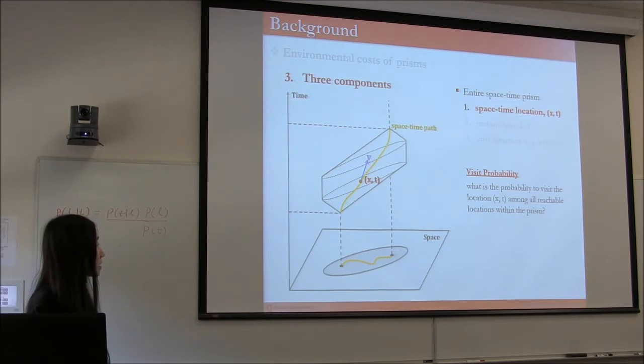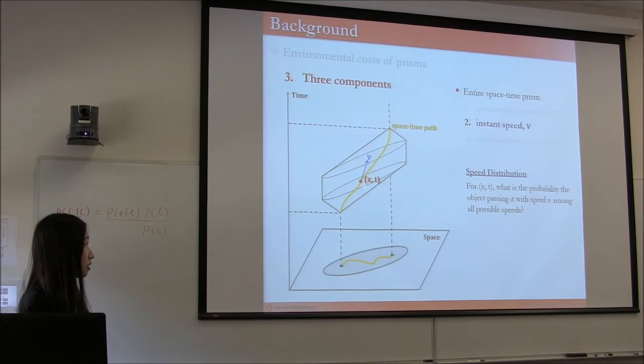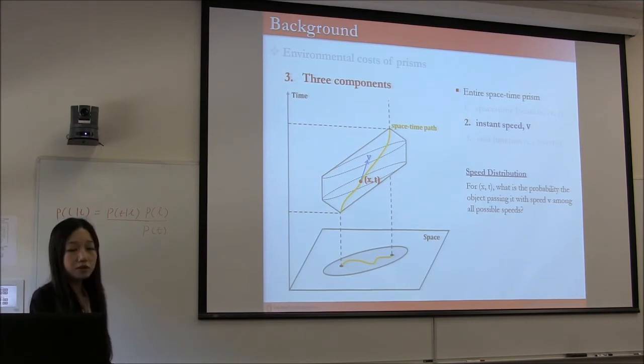And then, given the location visit probability, the next thing we need to solve is, okay, we have the probability to visit that space-time location. What is the speed distribution on that? There is a speed limit, definitely.